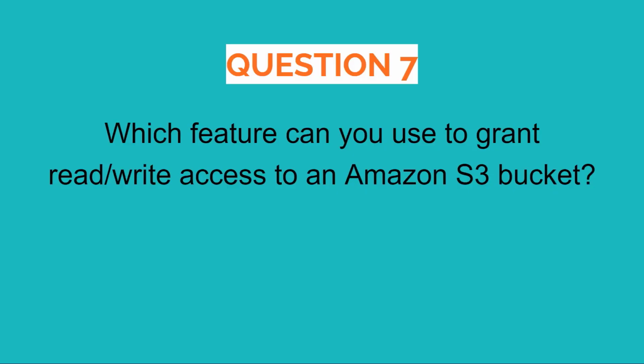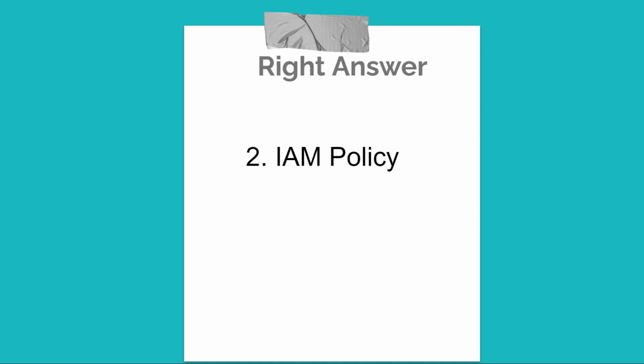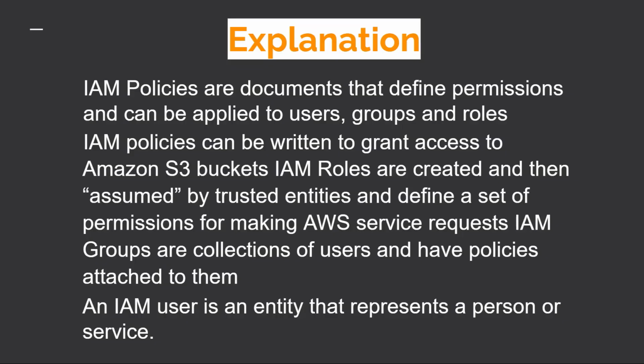Which feature can you use to grant read/write access to an Amazon S3 bucket? Option 1. IAM role. 2. IAM policy. 3. IAM group. 4. IAM user. Right answer is 2. IAM policy. Explanation. IAM policies are documents that define permissions and can be applied to users, groups, and roles.